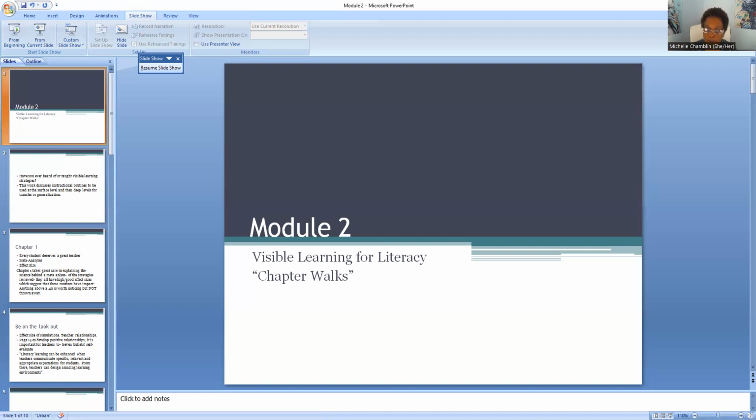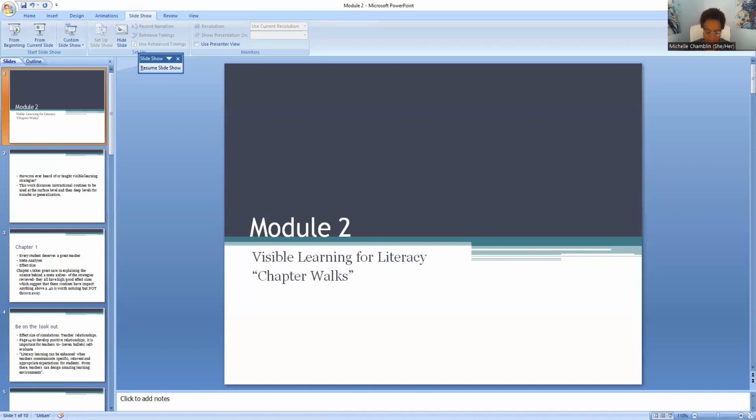On page 17, please notice some of the things that teachers can do to develop positive relationships. And there's a quote: literacy learning can be enhanced when teachers communicate specific, relevant, and appropriate expectations for students. From there, teachers can design amazing learning environments.